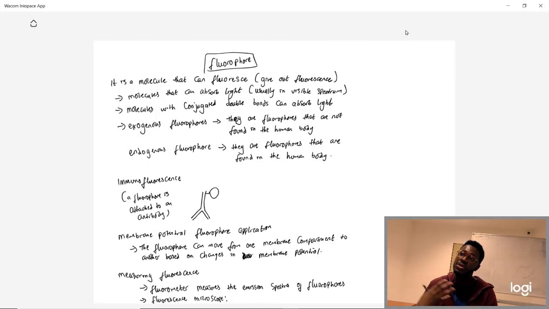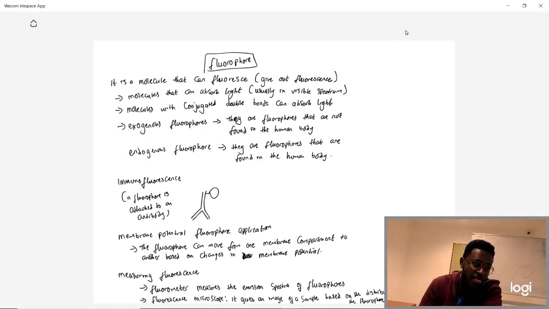It can provide an image of a sample based on the location of the fluorophores, so it gives an image of a sample based on the distribution of the fluorophores in the sample. Okay, you understand, right?